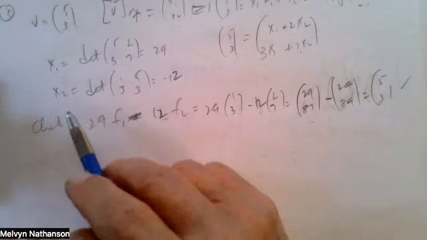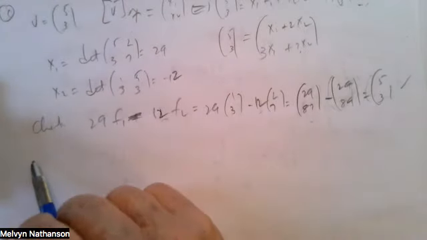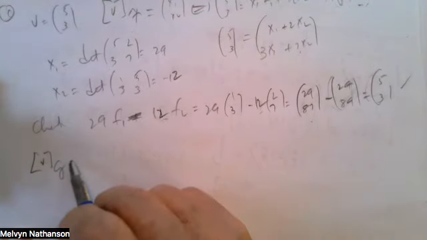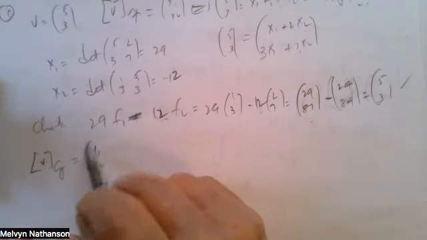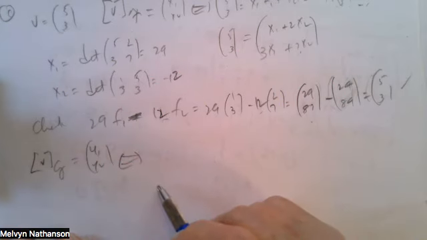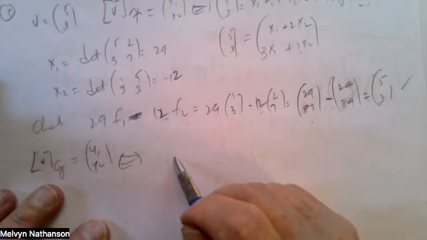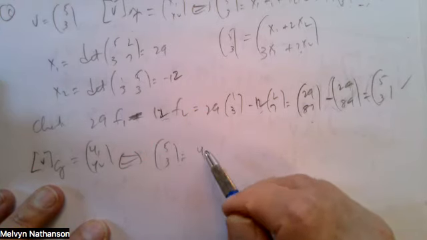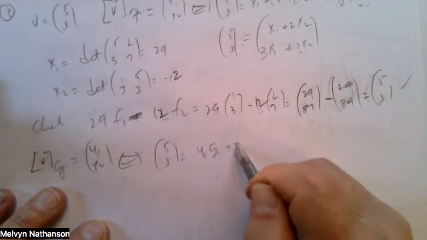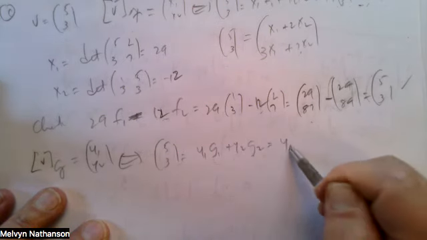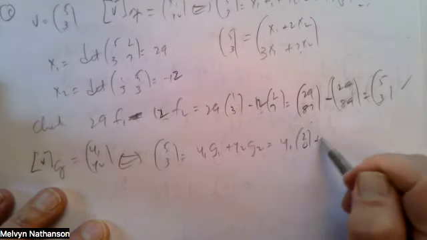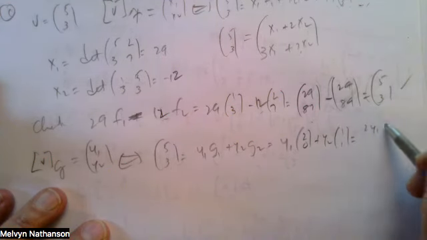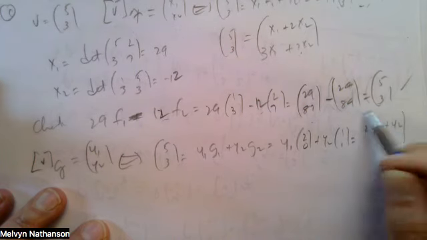And then I want to find, for the vector 5, 3, the coordinate vector for V with respect to the basis G. So this is y1, y2, if and only if what? V, which is 5, 3, is y1 g1 plus y2 g2. That's y1 times 2, 0 plus y2 times 1, 1. That's 2y1 plus y2, y2.